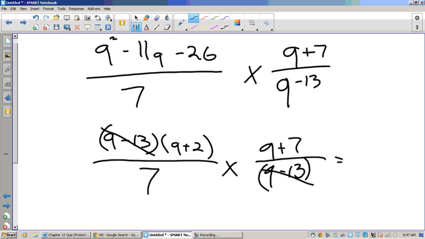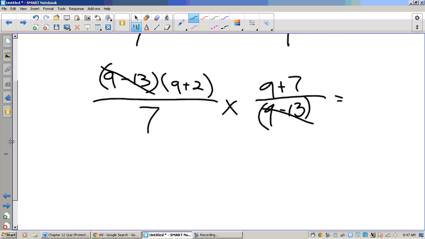We're left with (q + 2)(q + 7) all over 7. And then if you wanted to, you could multiply that out. I don't care which way you keep it in this case.